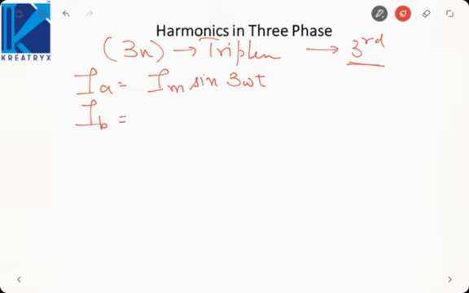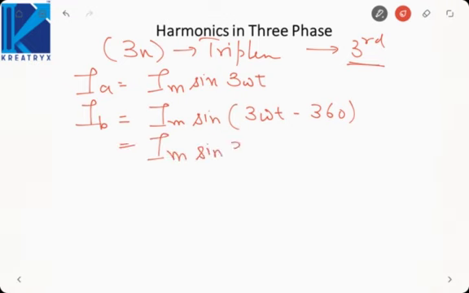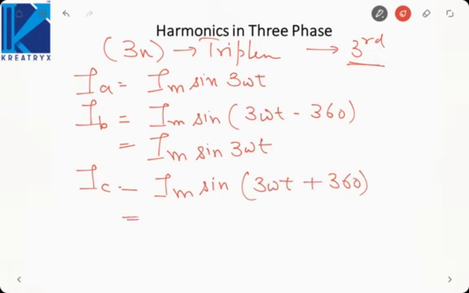If we talk about IB, Im sin 3 omega t minus 120 into 3, that is 360. It will again become Im sin 3 omega t. IC will be Im sin 3 omega t plus 120 into 3, that is 360. It will be Im sin 3 omega t.